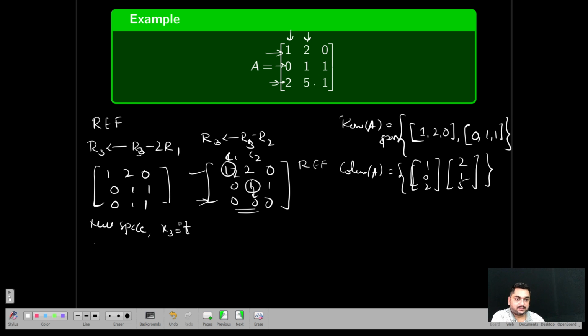Then I have equations from the REF: x1 plus 2x2 is equal to 0, and x2 plus x3 is equal to 0. That implies x2 is equal to minus x3, that is minus t. x3 is given. And then x1 is equal to minus 2x2, so x1 is equal to 2t.